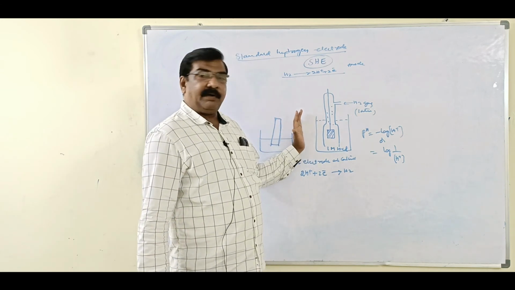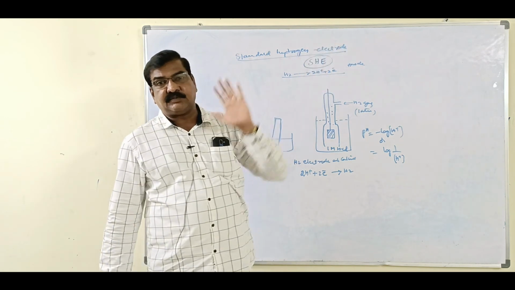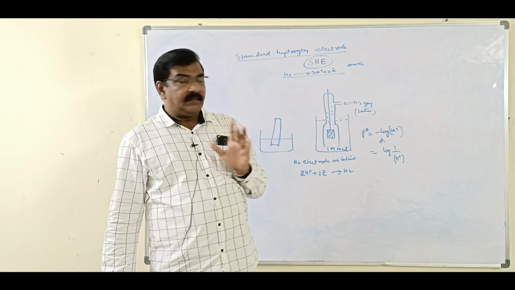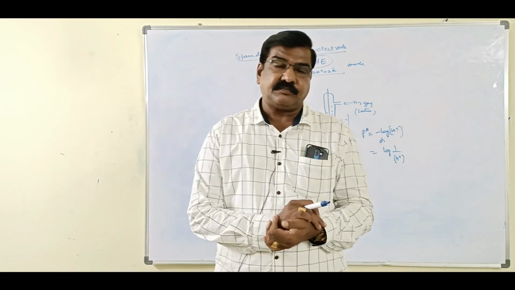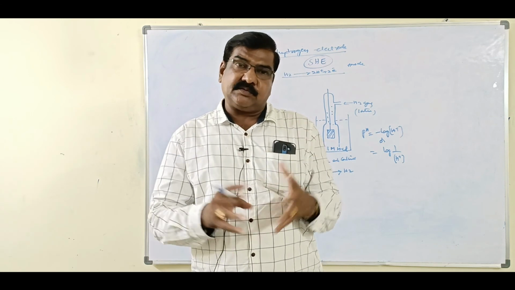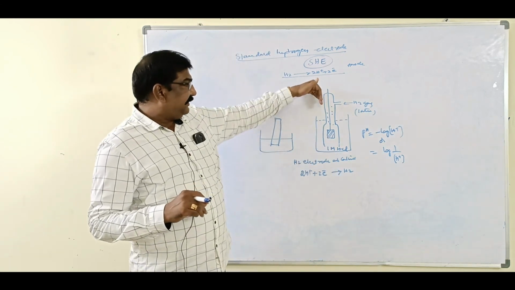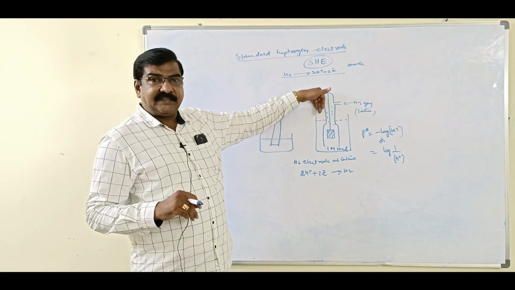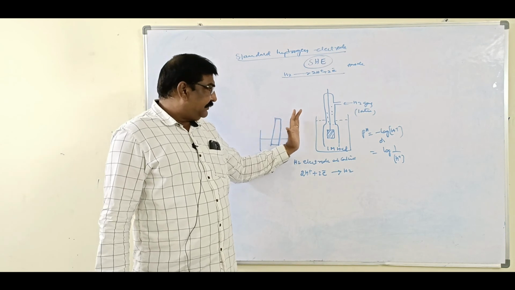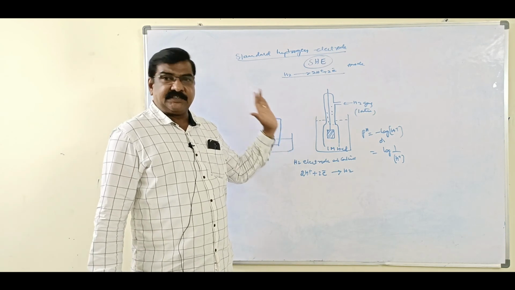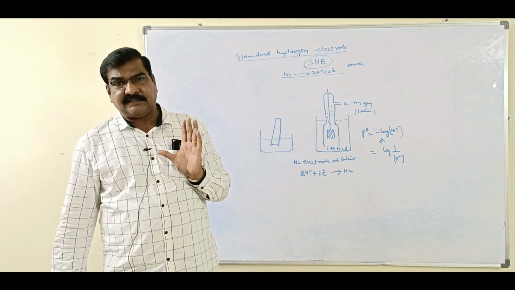With the help of this hydrogen electrode, the electrode potentials of other electrodes are calculated. This hydrogen electrode is known as primary standard electrode. But it is very difficult to maintain H2 gas pressure because it is a lighter gas, it easily escapes away. So with the help of this primary standard, a secondary standard electrode is constructed.